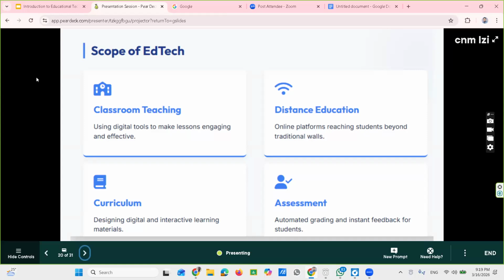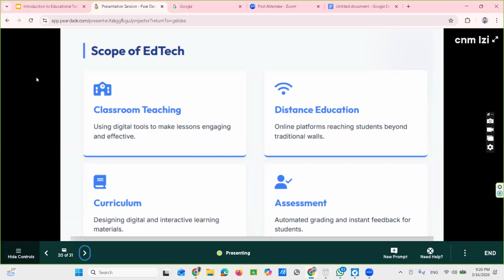Right, then distance education, another part of educational technology. It is also in the scope. Online platforms reaching students beyond the traditional walls, like the classes conducted by you and me, distance education, right?